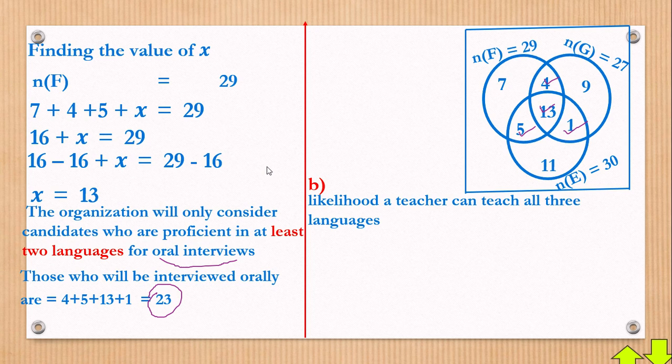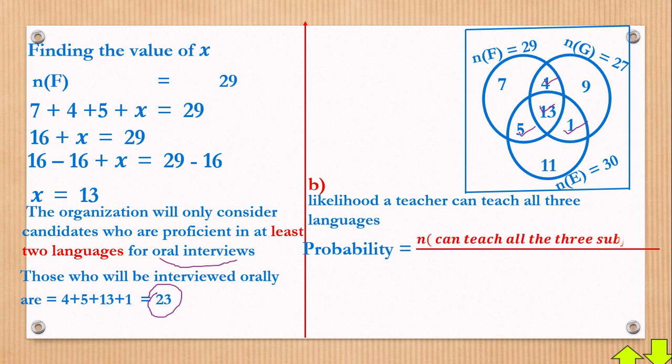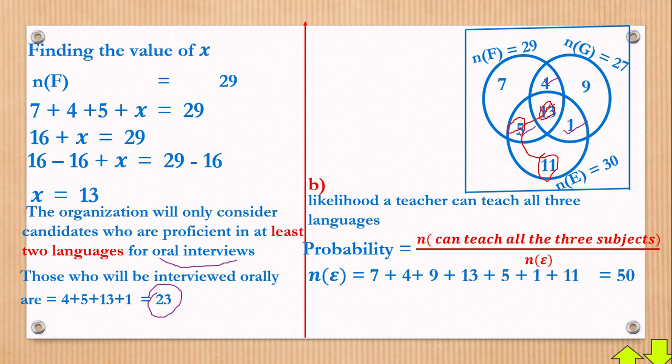So probability is equal to the number of teachers who can teach all the 3 subjects over the number in the universal, and the number in the universal is what you get when you add whatever is inside the circles. You simply come and add this, plus this, plus this, plus this, plus this, plus this, plus that. That gives us the number in the universal. And that is giving us a total of 50.